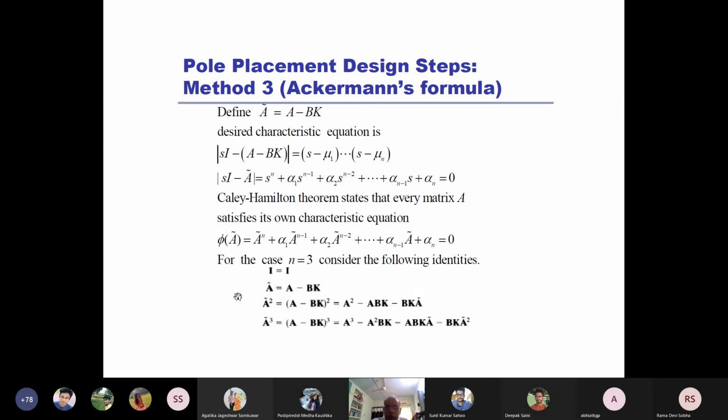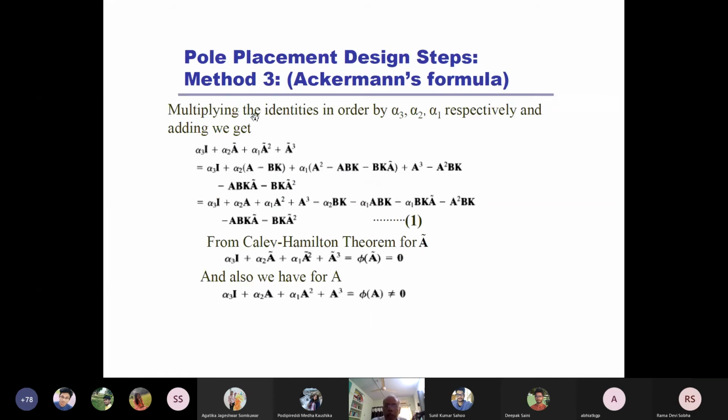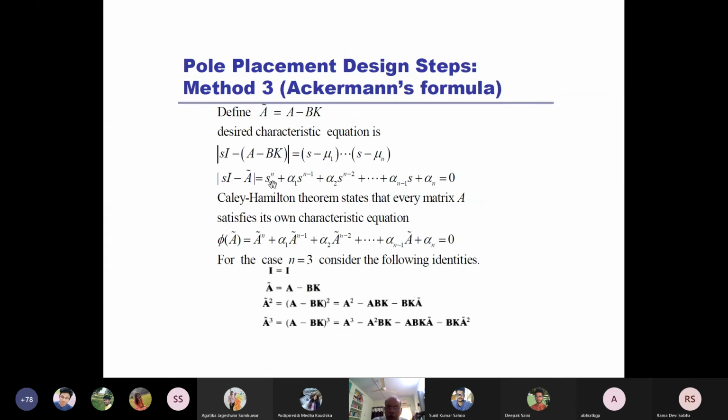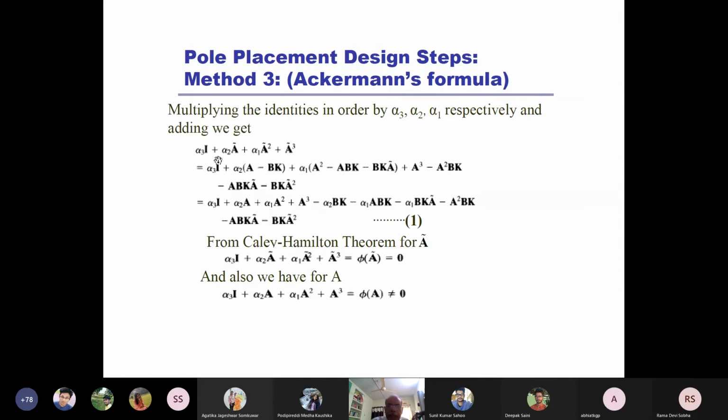Okay. So once we write this, for n equal to 3, I put the equation over here: alpha3 I plus alpha2 A hat plus alpha1 A hat square plus A hat cube. Because this equals 0, from this equation I write this.